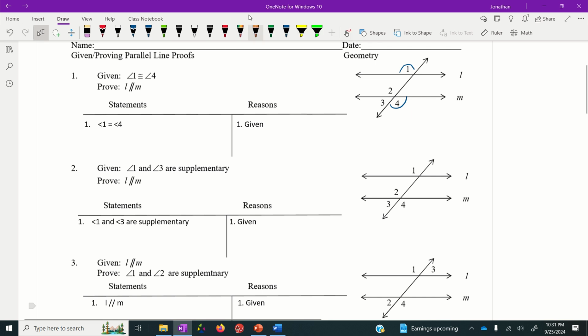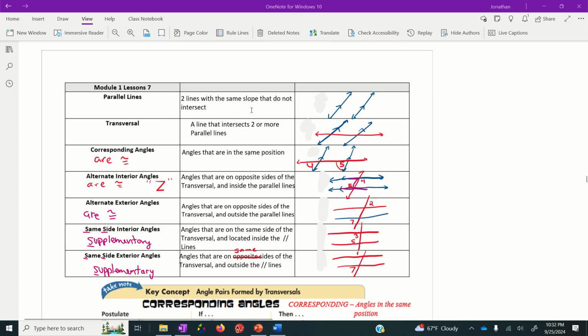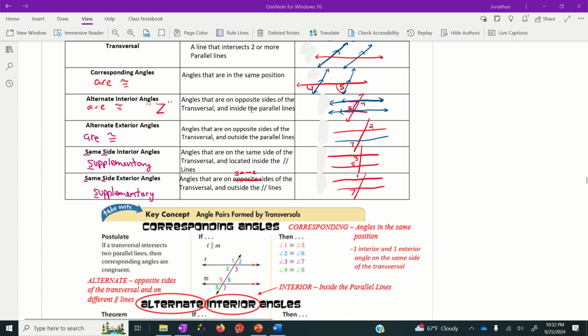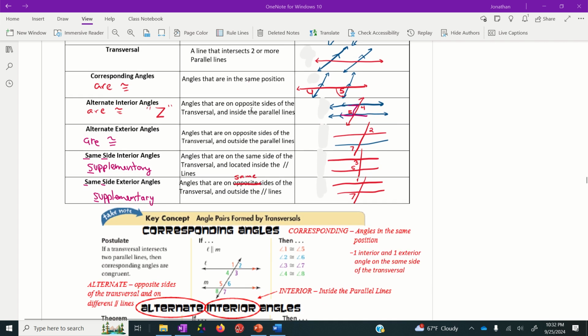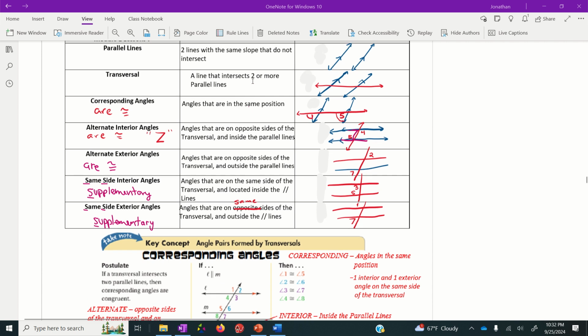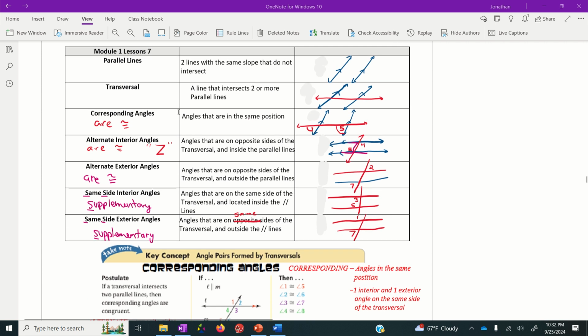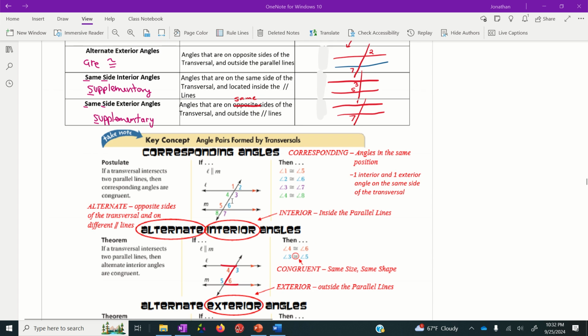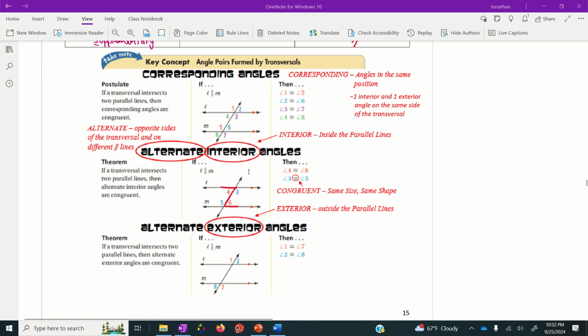So just to recap, we talked back in lesson 7, day 7, about our types of angles formed by two parallel lines cut by a transversal. When we know the lines are parallel, and there's a transversal cutting through them, we know that these types of angles are going to be congruent.